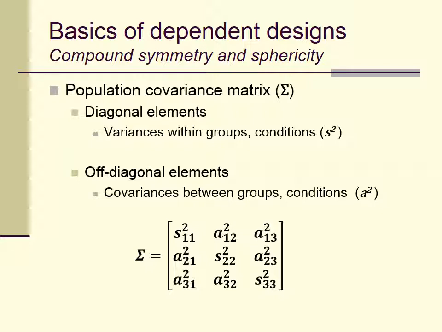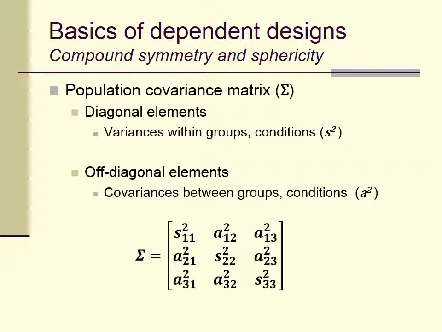So if you look at this image here, we've got, remember, 3 conditions. Going down the diagonal, we have the variance of condition 1, or in a sense, you could say the covariance of condition 1 with itself. Variance of condition 2, going down the diagonal, variance of condition 3, going down the diagonal.